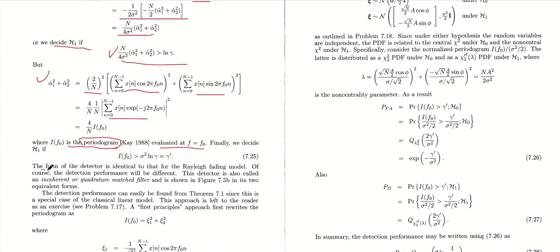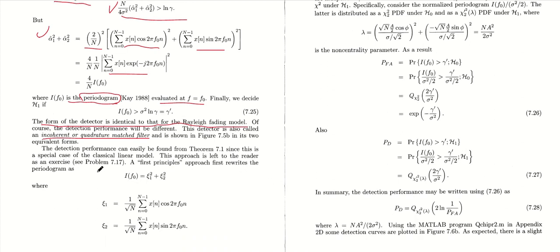So the form of the detector is identical to that for the Rayleigh-Fading model. Of course, the detecting performance will be different. This detector is also called the incoherent or conjecture match filter. In other words, IF0, which is something like this, is x multiplied by exponent, but exponent can be decomposed into cosine and sine, right?